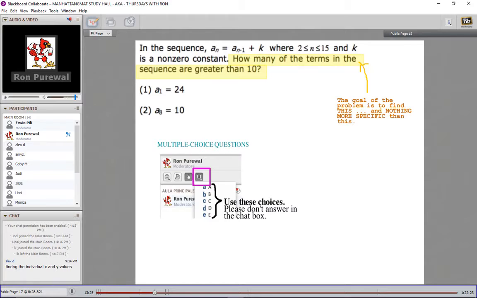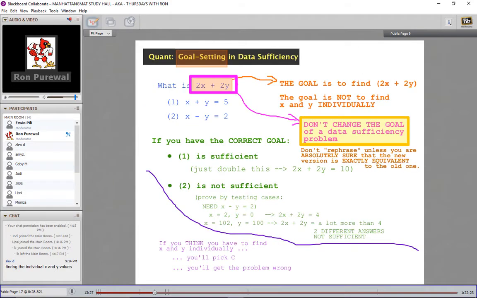Remember that today's topic is pretty much the same as this problem, except the problems are harder than this problem. But the basic idea is the same, which is you're going to have a goal. If you get too ambitious with finding stuff, you're going to think you have to combine the statements when you actually don't.